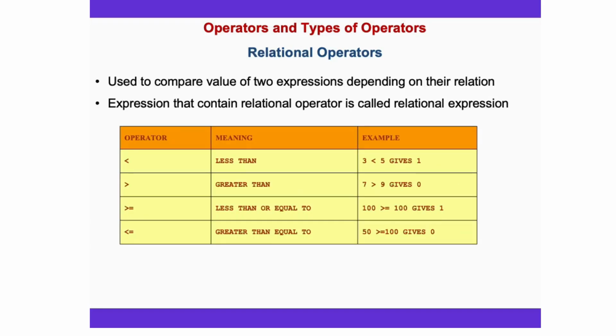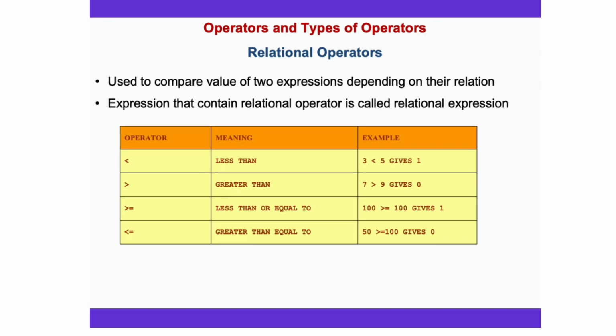Next, we are going to see about relational operators. The relational operators are used to compare values of two expressions depending on their relation. Expressions that contain relational operators are called relational expressions. The operators are less than, greater than, greater than or equal to, and less than or equal to. These are the symbols used to perform the relational operations.